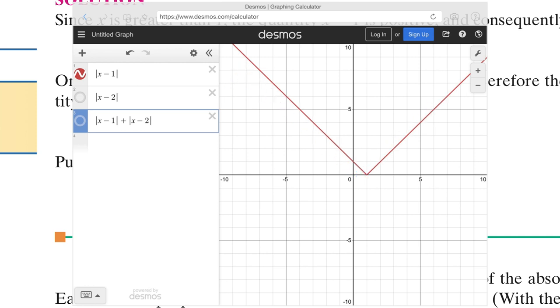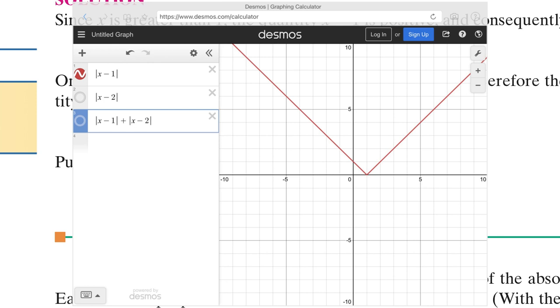I won't go into why it does that; it's a little bit outside this lecture. Hopefully you've seen this graph before. We have this V shape here, and that point is (1, 0). So when x is 1, y is 0.